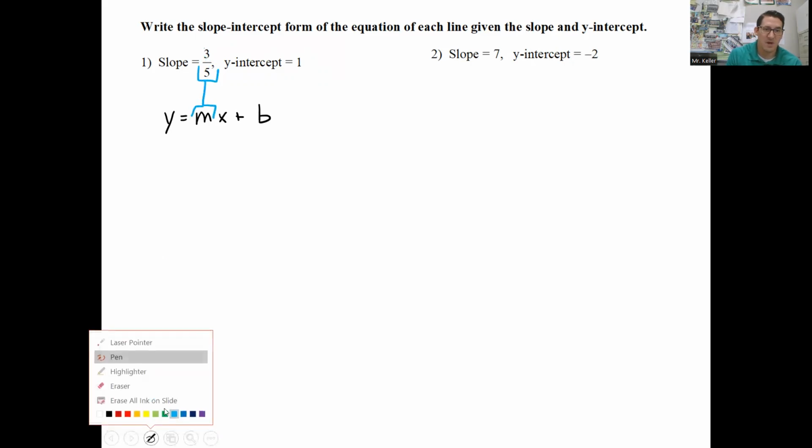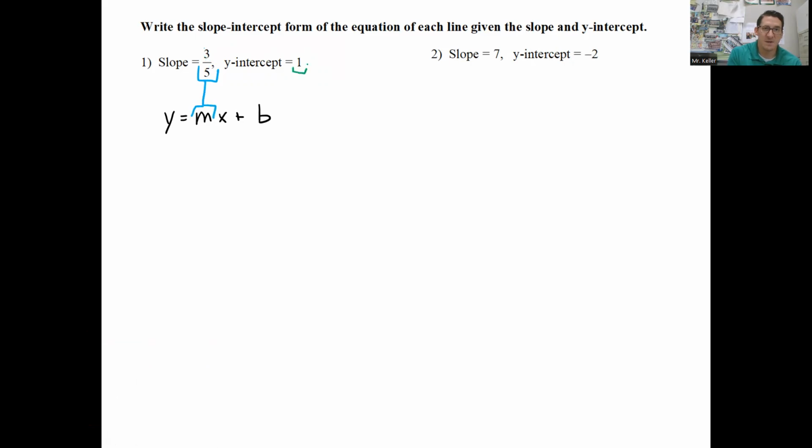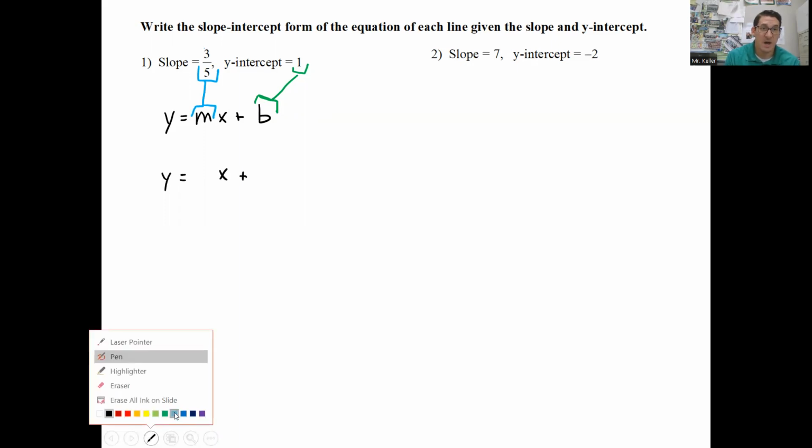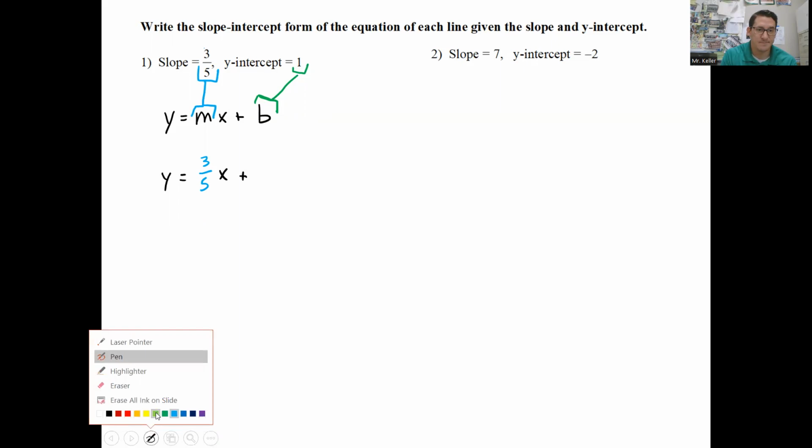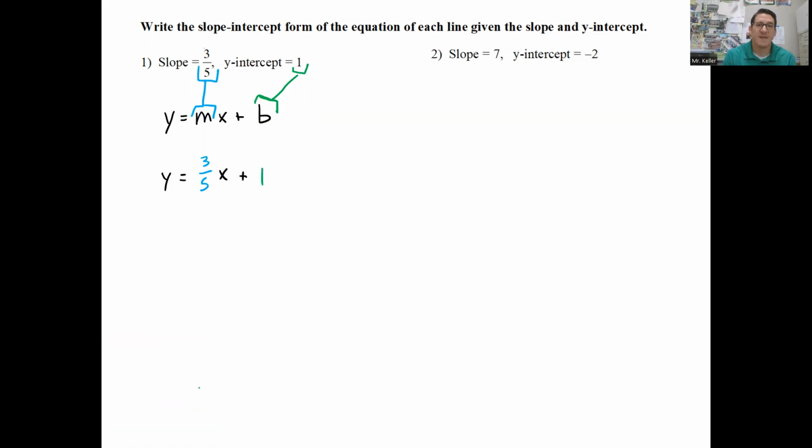And then whatever this is, the y-intercept, goes in for b. So when I do this, y equals, the slope is 3/5, x plus, and the y-intercept is 1. And that's it.